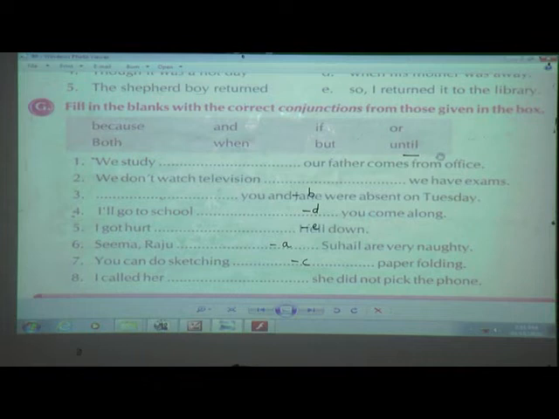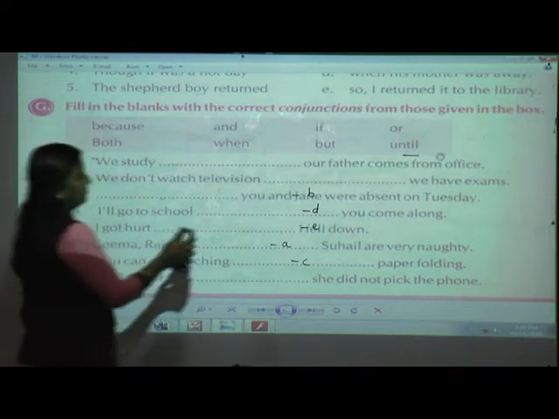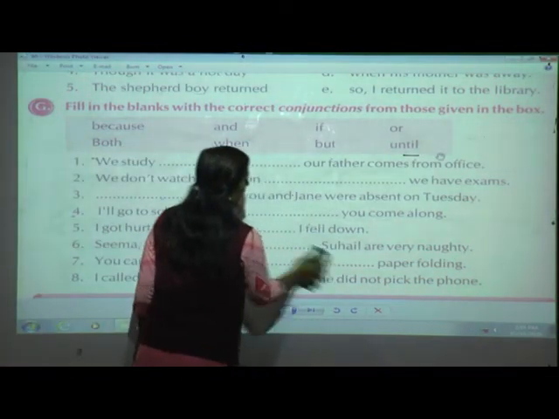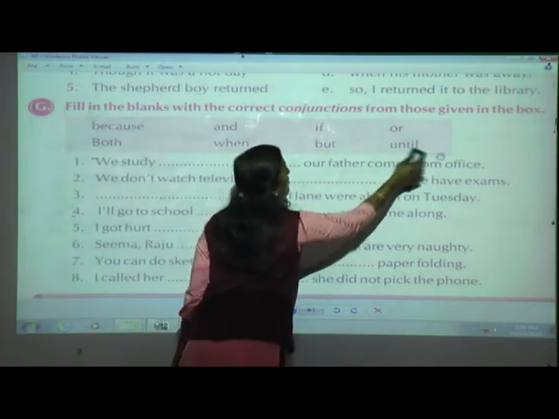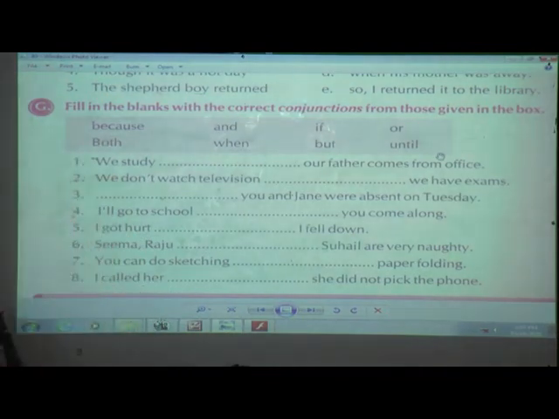Now, if you see here, you have to just read the sentence and put the proper or correct conjunction which you feel will come in these sentences. Okay, ready students? Yes.